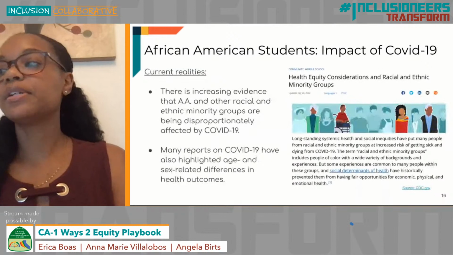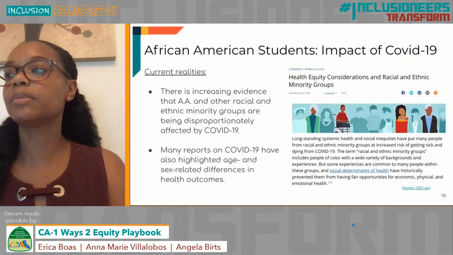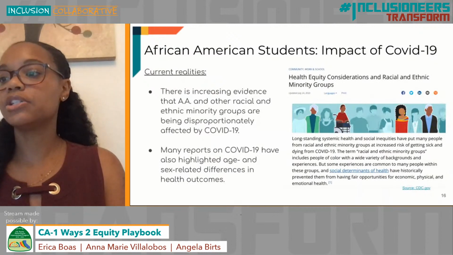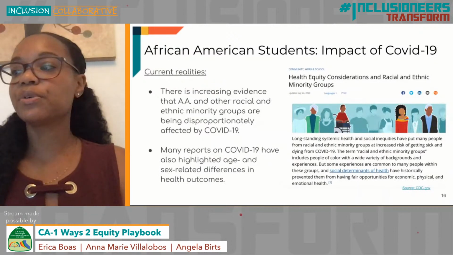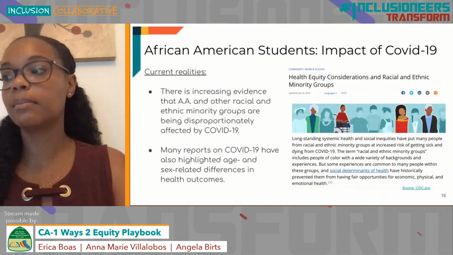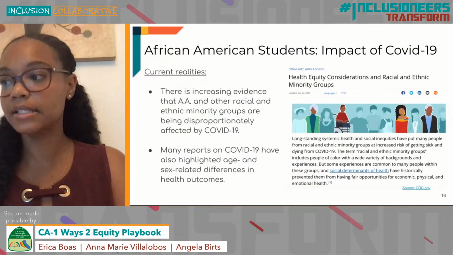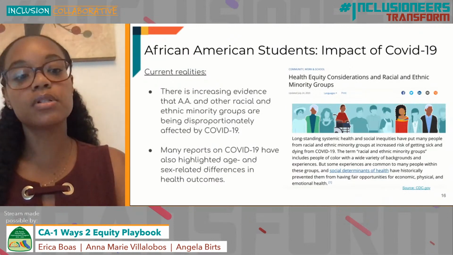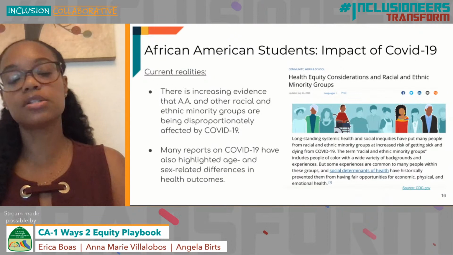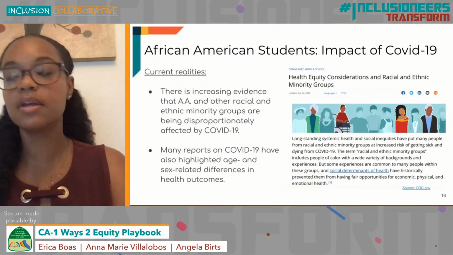The coronavirus and other recent events have put an enormous strain on our families of color and students nationwide. There is increasing evidence that African American students and other racial and ethnic minority groups are being disproportionately impacted by COVID-19. Many reports of COVID-19 have also highlighted age and sex-related differences in health outcomes.